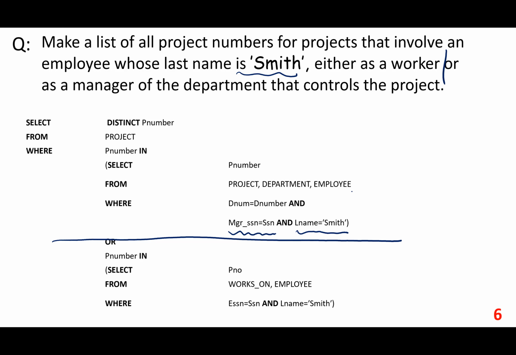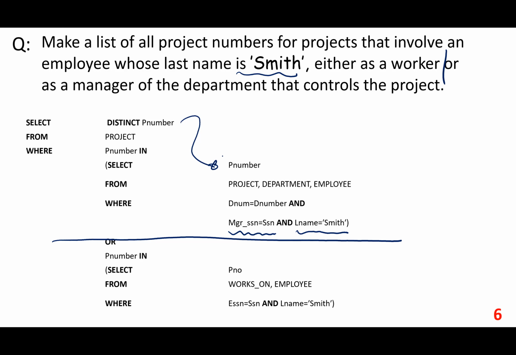So you select with in, because there is a table for the managers, with last name Smith. You select all the project numbers, but the current project number should be in that multi-set.